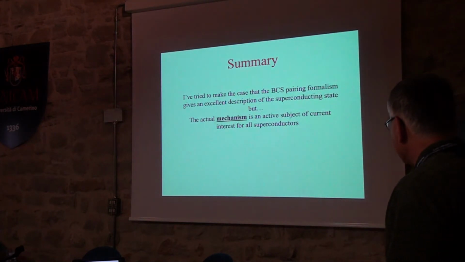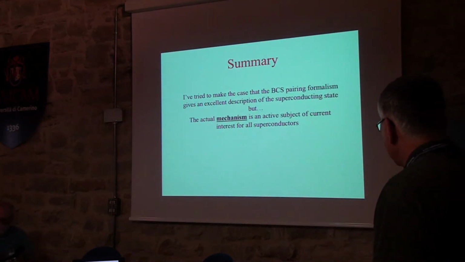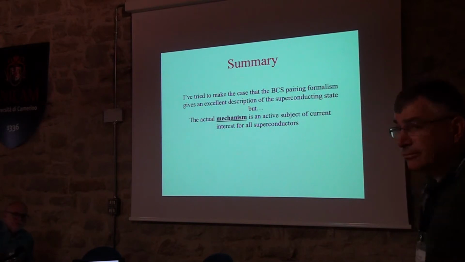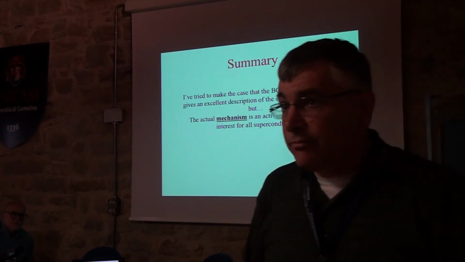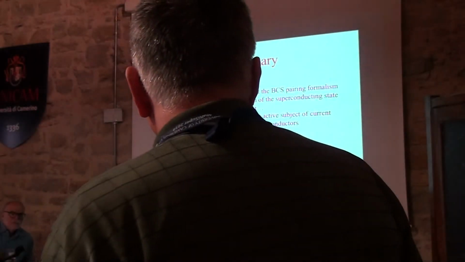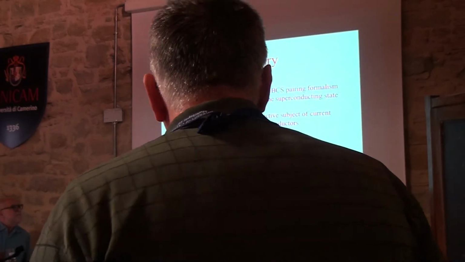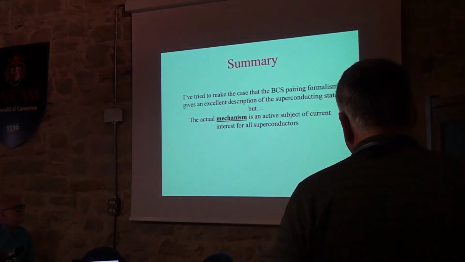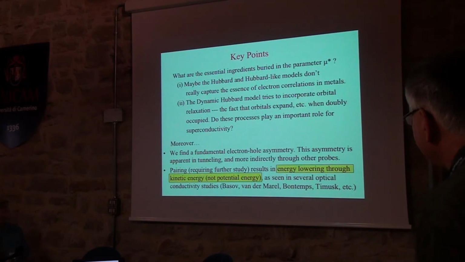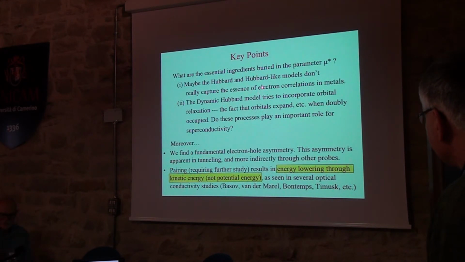Okay, so in summary, I tried to make the case that we need to understand the mechanism for superconductivity at a more basic level. An attempt to do that is with the dynamic Hubbard model. In the conventional theory, this would translate into a reinterpretation of what mu star is all about.